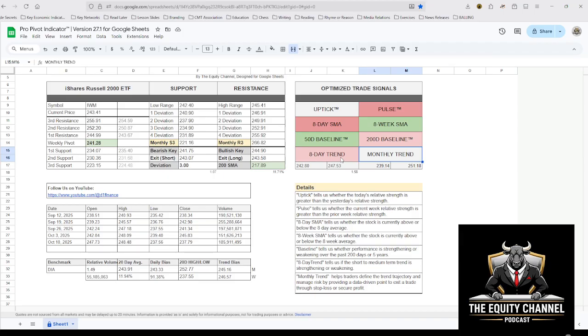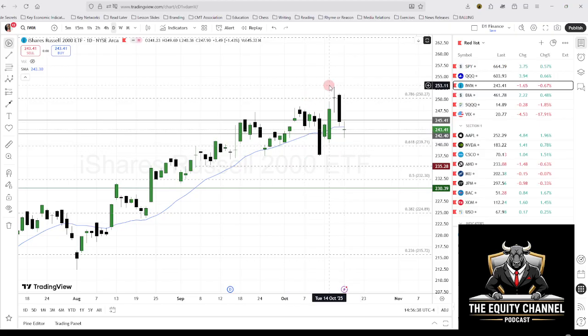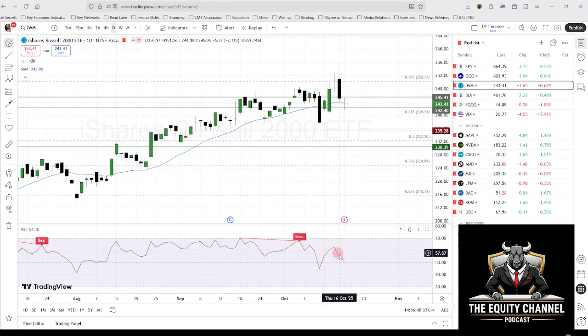What's going to be important is to notice where you are on the RSI when you approach these levels. So for example, I'm getting within a 0.5 standard deviation of the 8-day low. I also want to point out I'm within a 0.5 standard deviation of the 20-day moving average. So ranging, right? But where am I on the RSI?